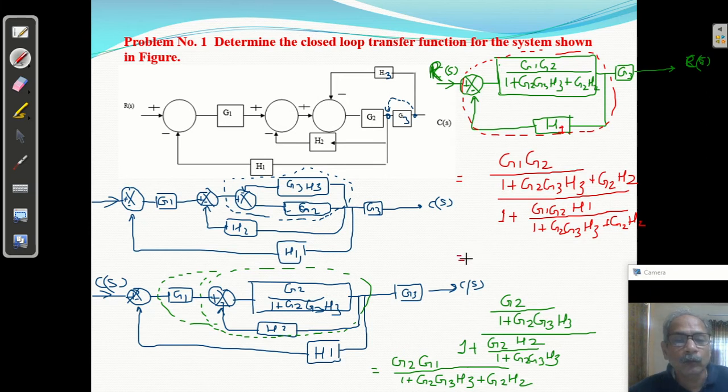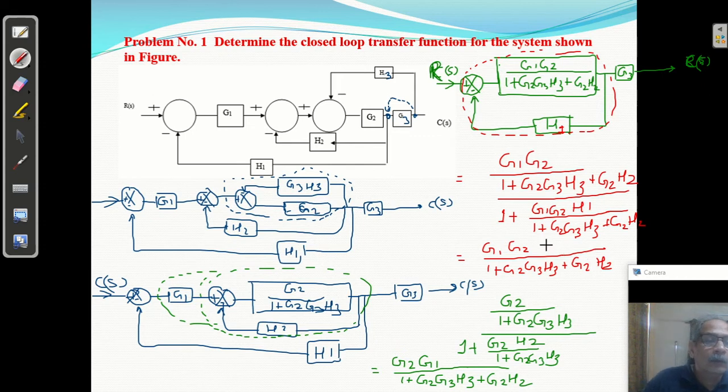You will get G1 G2 upon 1 plus G2 G3 H3 plus G2 H2 plus G1 G2 H1.